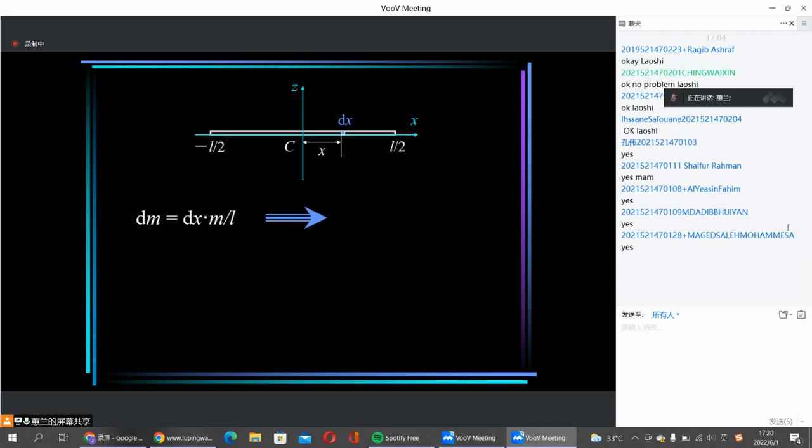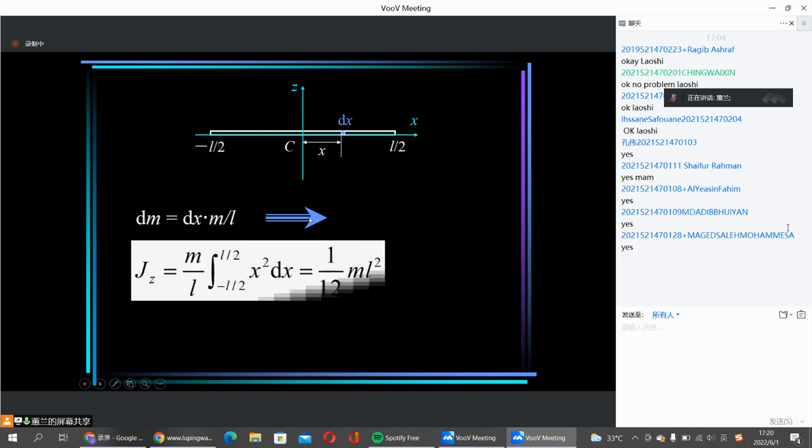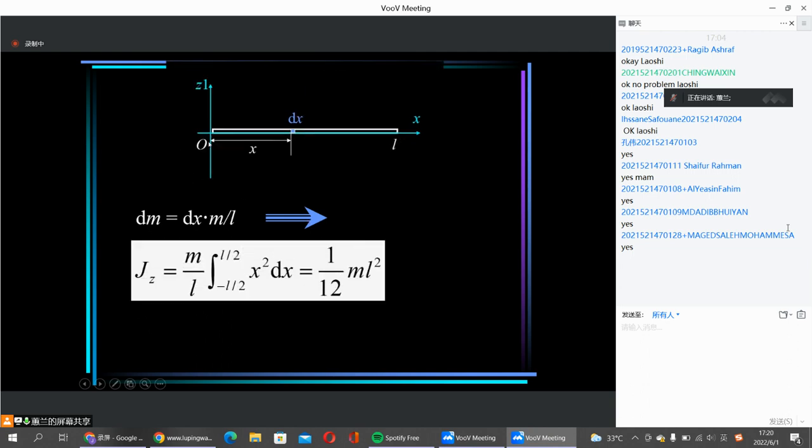From the example here, we have calculated the mass moment of inertia about the z axis, which is actually passing through the mass center. And we also have calculated the mass moment of inertia about z1, the end point, okay? So we know the mass moment of inertia about the axis passing through the mass center is 1/12 m L squared.